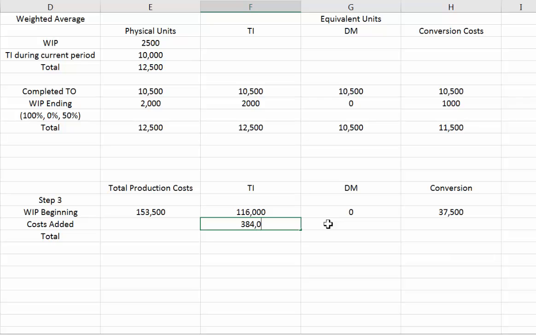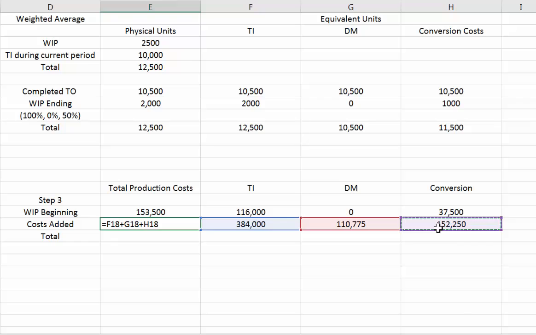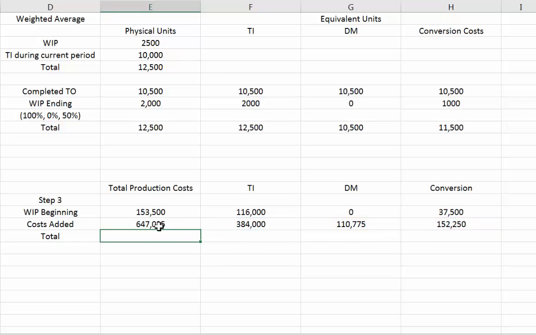Okay, so I'm going to quickly write down these numbers. So I'm going to just add these numbers. Alright, so now you can figure out all the total if you like.